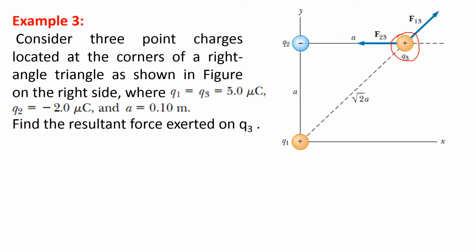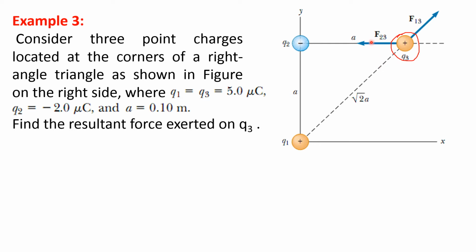Then charge Q2, being a negative charge, and charge Q3 a positive charge, charge Q3 will be attracted by charge Q2. Then this is the force that charge Q2 exerts on charge Q3, and this is the direction of the force that charge Q1 exerts on charge Q3.